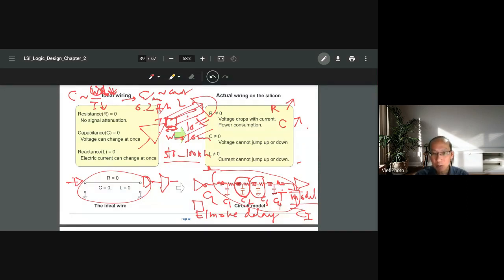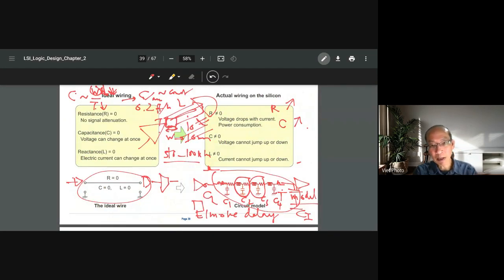If you go from one corner to the other corner, it's about 6 centimeters. It's very long with a frequency of 5 gigahertz. So in that case, we have to do something to deal with the inductance, but that's at the package level, not our design level.